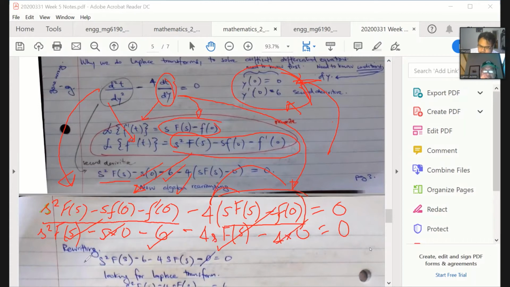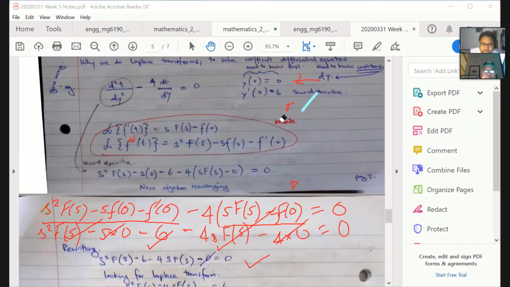Now change to the page down the bottom. Remember the page down the bottom here? Okay, I'm gonna rub everything off. We're now down to s squared Fs minus 6, just like you've got.